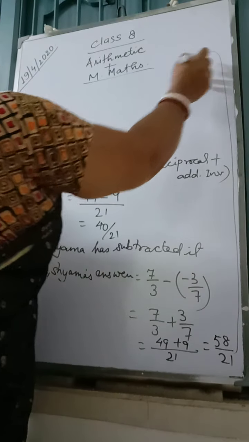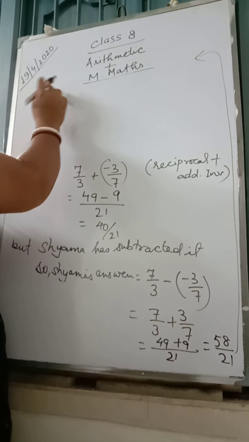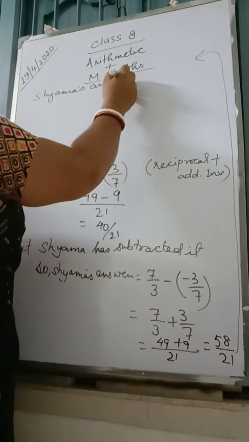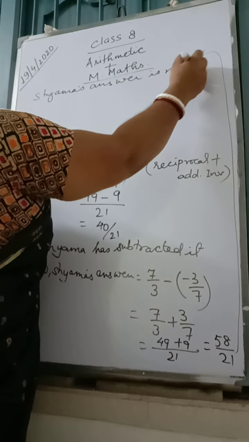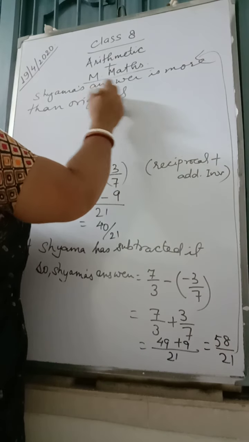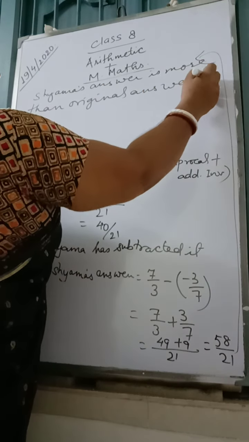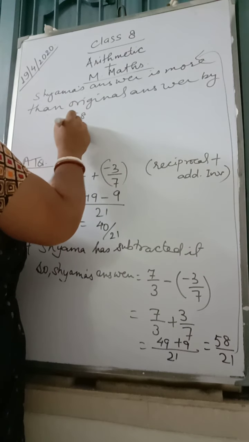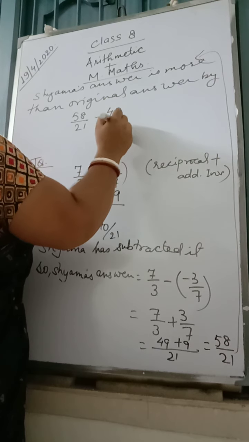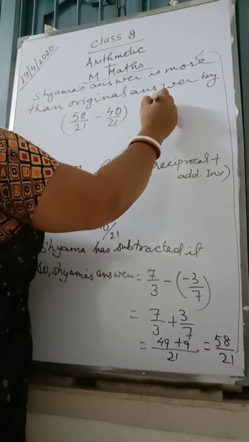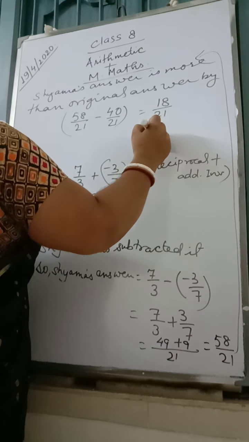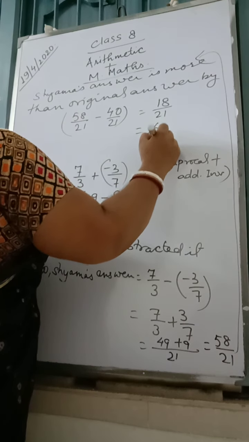So we'll be writing here: Syama's answer is more than the original answer by 58 by 21 minus 40 by 21, which gives you 18 by 21. 3 sixes are 18, 3 sevens are 21.